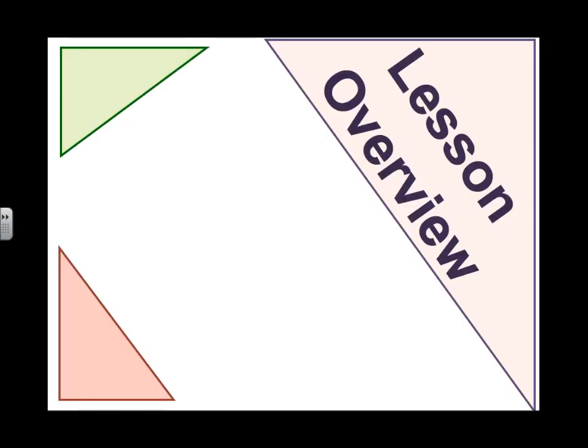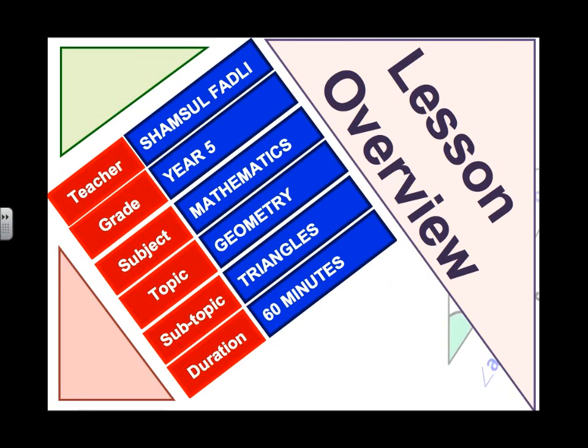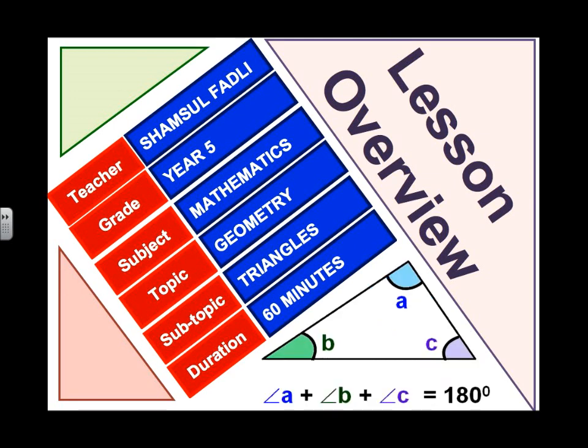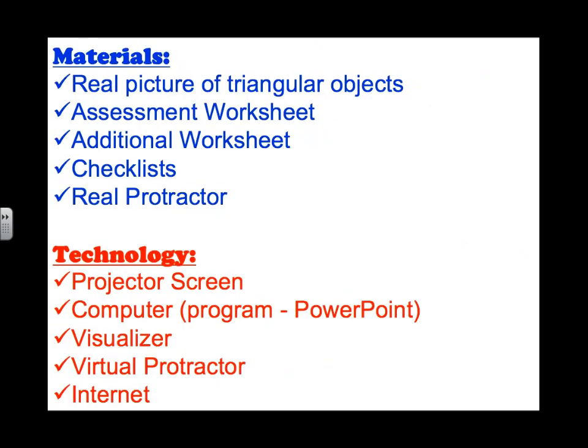This is my lesson overview, and the content is on the properties of angles in a triangle. This is my lesson description and unit description, and this is the teaching material and technology used in the lesson.